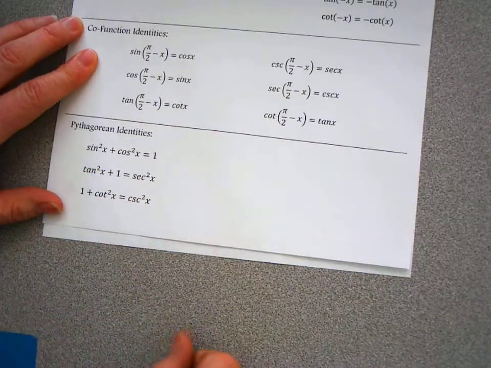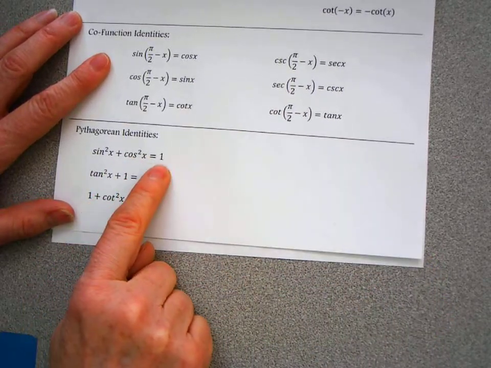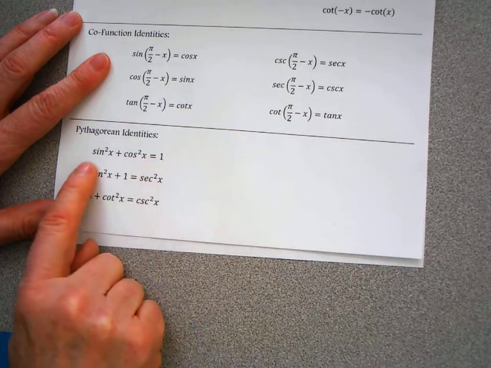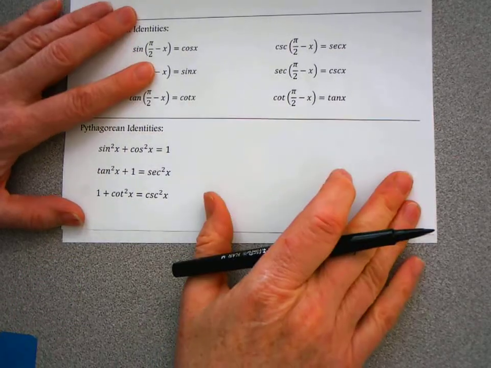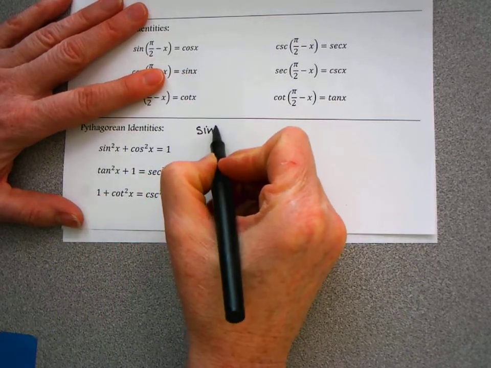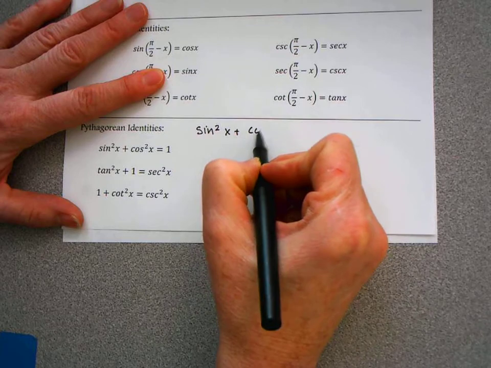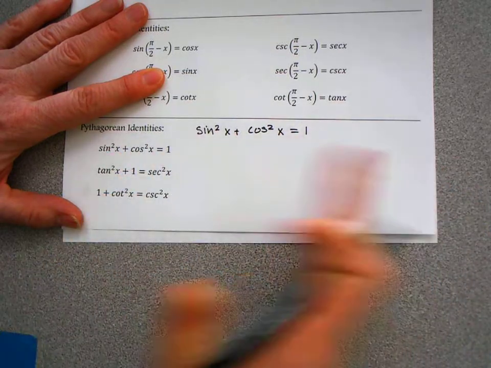The Pythagorean identity. So we've got sine squared plus cosine squared equals 1. And we have any algebraic manipulation of this right on your formula sheet. If I have the sine squared of x plus the cosine squared of x equals 1, I can move this around.